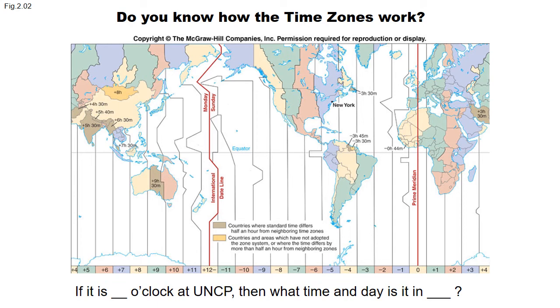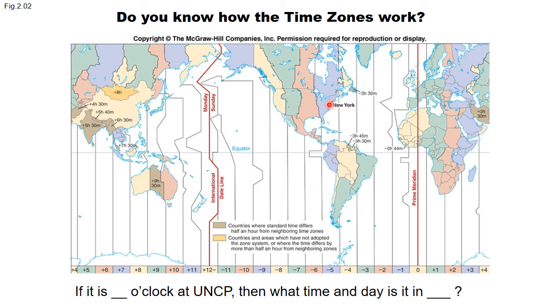Well, if you keep in mind that the Earth rotates to the east and the sun comes up in the east, it's always going to be an hour later in every time zone to your east, and an hour earlier in every time zone to your west. So for example, and you can substitute in a number of times for these, let's say it's 11 o'clock in the morning in Pembroke. Well, what time is it in New York City? It's still 11 o'clock in the morning because we're in the same time zone.